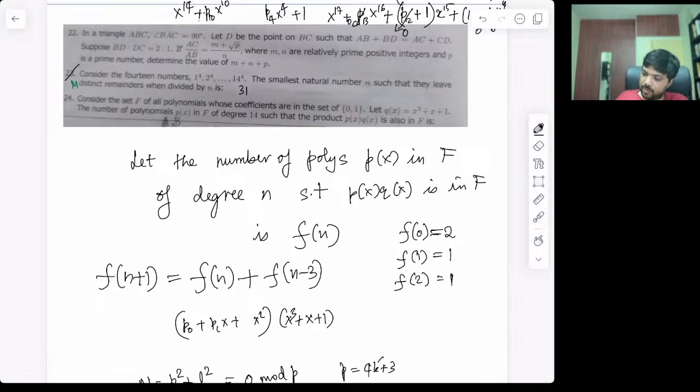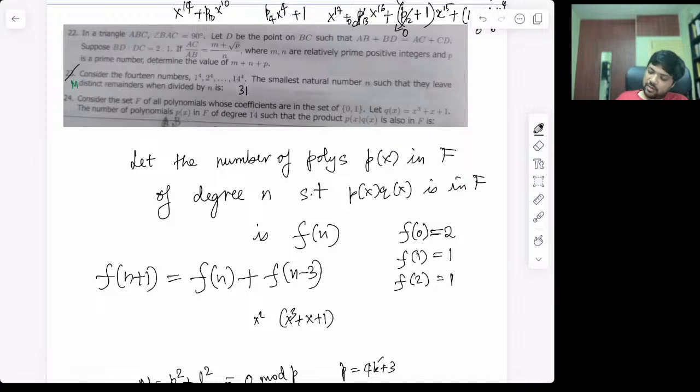For example, if p0 were 1, then 1 into x cube and x square into x will add up to 2. If p0 is 0 and p2 is 1, even then you will be in trouble, because x square into 1 and x into x will add up to 2. So whatever our logic was from earlier, directly you could have said it's 1.